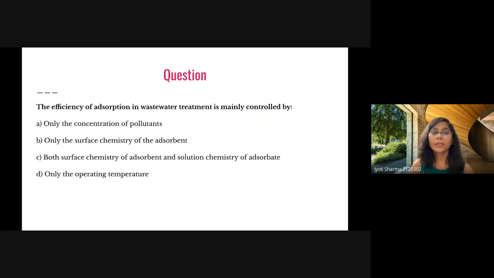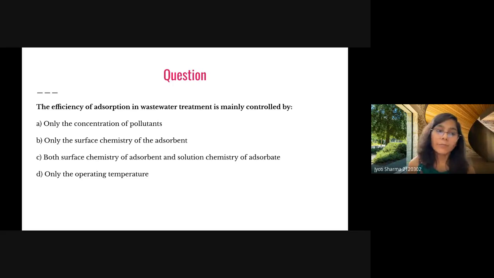Okay, so the next question is, efficiency of adsorption in wastewater treatment is mainly controlled by. So again, we have to see the efficiency as well. What kind of material, what kind of technique is giving you the best option for wastewater treatment, right? So you have to tell me the efficiency is controlled by what kind of factor.